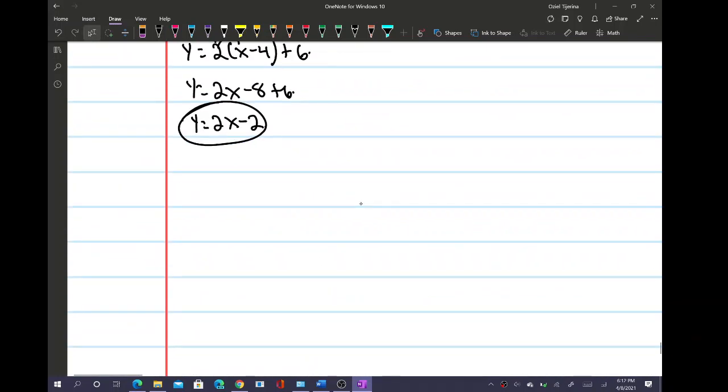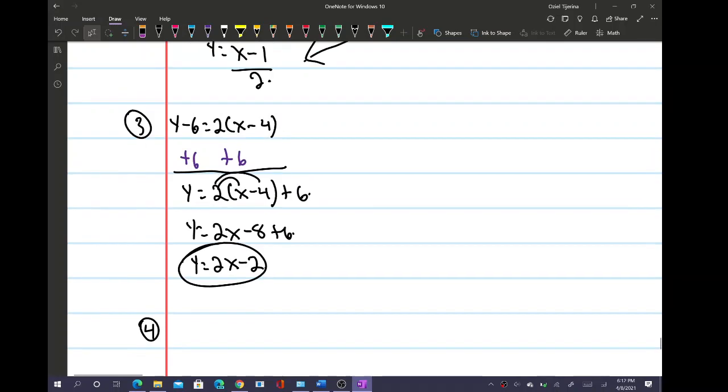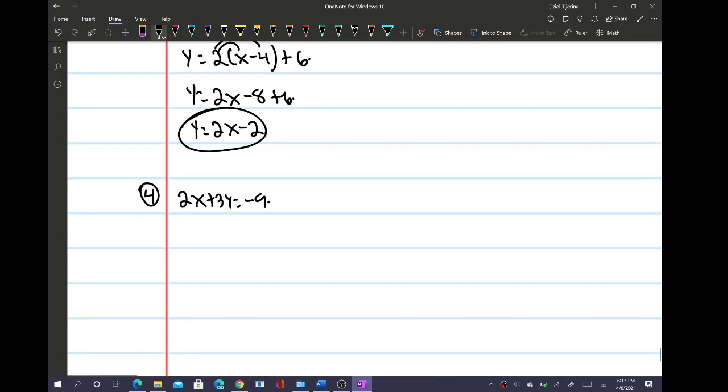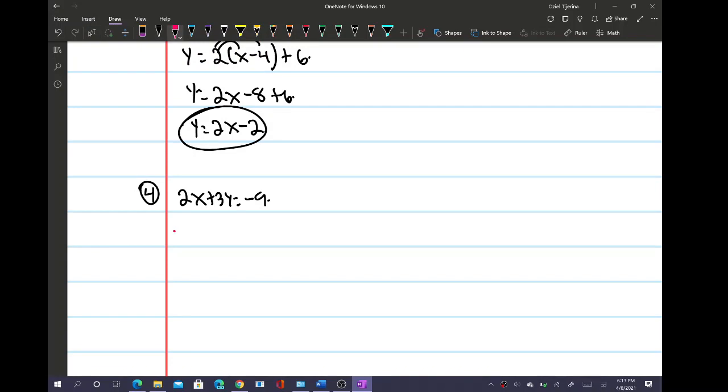If I have something like 2x plus 3y equals negative 9, and I want to write it in slope-intercept form, it's the same thing. I go ahead and just subtract 2x on both sides. 3y equals negative 9 minus 2x, right?